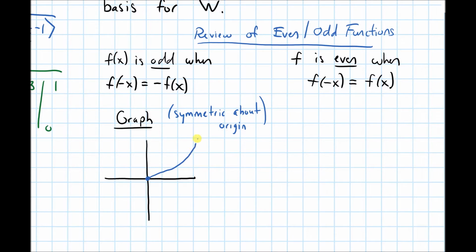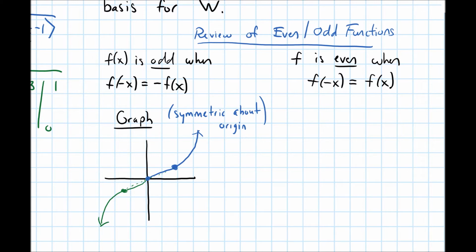Whatever it does on one side of the origin, on the other side it'll be like the mirror image of that through the origin. For example, if I look at this point and draw its mirror image through the origin, that mirror image would be somewhere over here. We'd do that for all the points on this blue curve. If I draw the mirror image of all of them, we get something like that. This is symmetric about the origin.